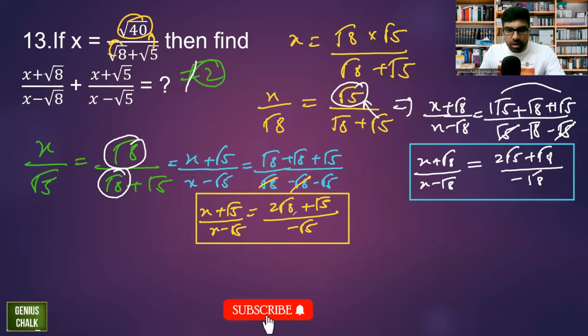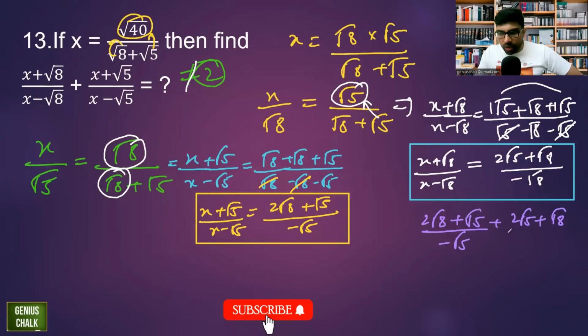So if you add it, this is 2 root 8 plus root 5 by minus root 5, and plus 2 root 5 plus root 8 by minus of root 8.